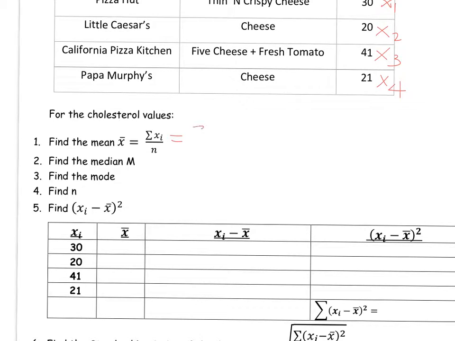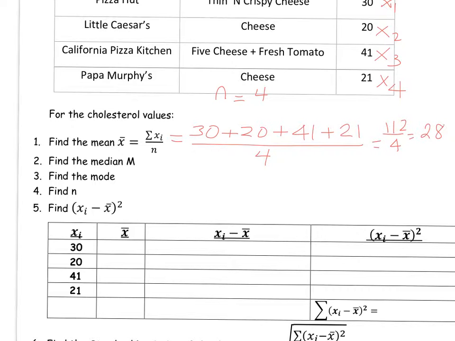So I'll take 30 plus 20 plus 41 plus 21, and then I divide by n. n is the sample size, n is equal to 4 here. We have 4 types of pizzas. So we get 112 divided by 4, and that is 28. So the mean, x bar, is 28.